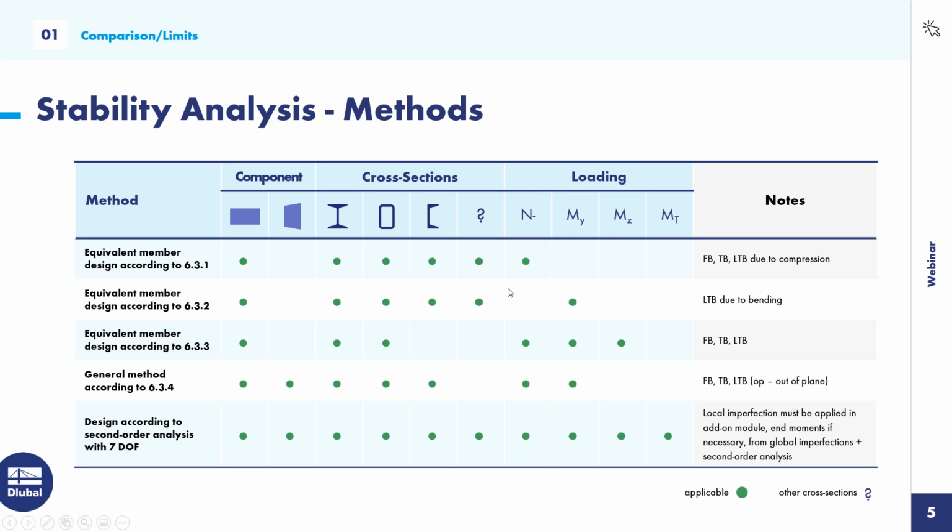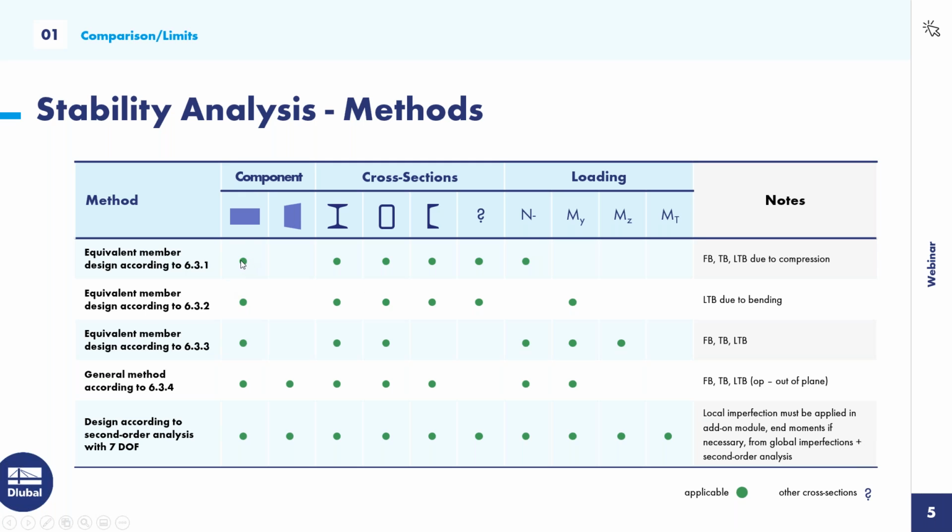That's the table. I think it's a good overview of the single methods. We go through that table line by line. First line, equivalent member design according to 6.3.1 of the Eurocode, uniform members in compression.